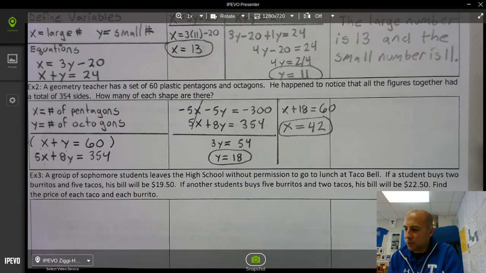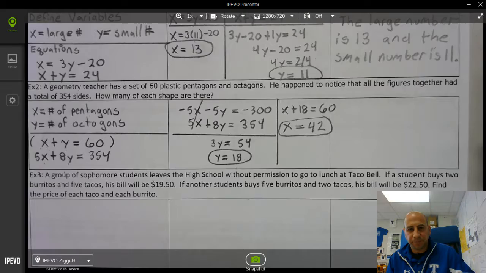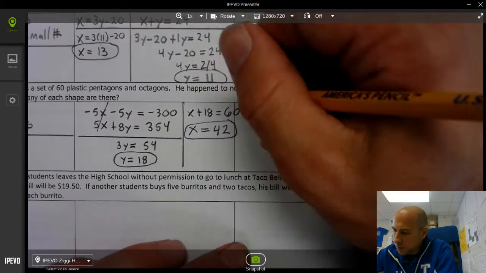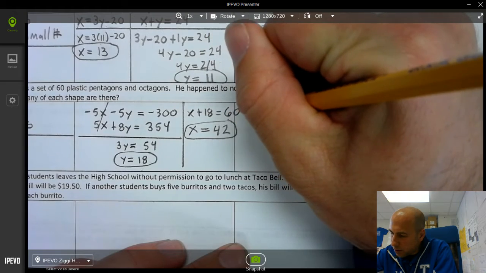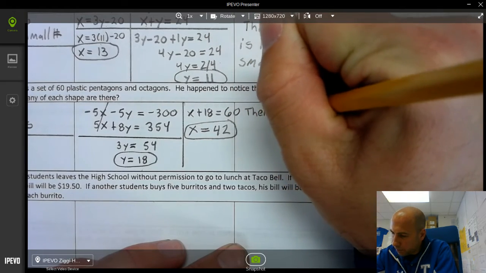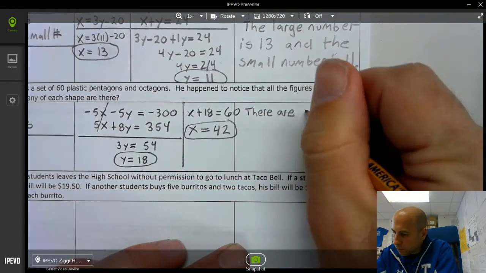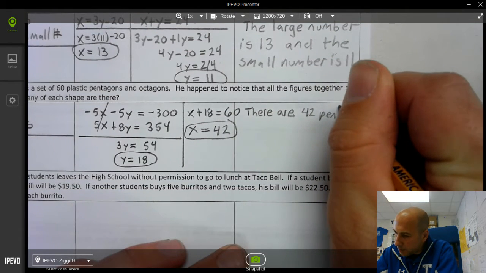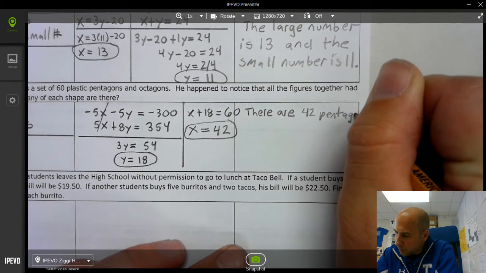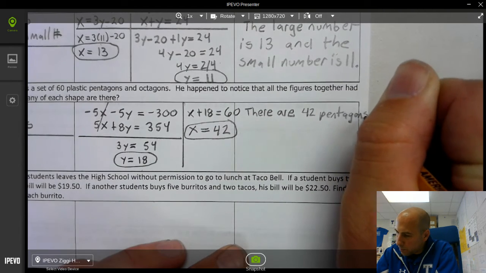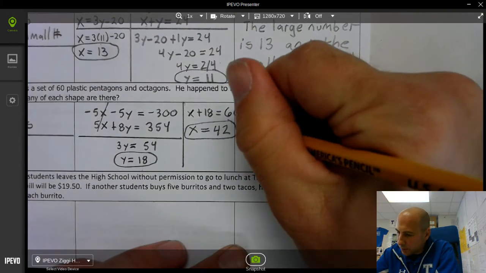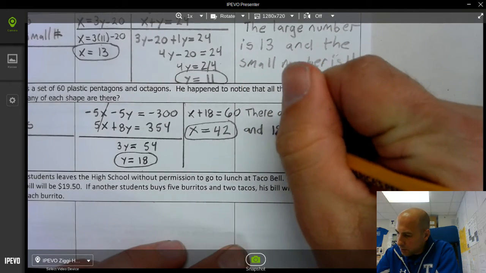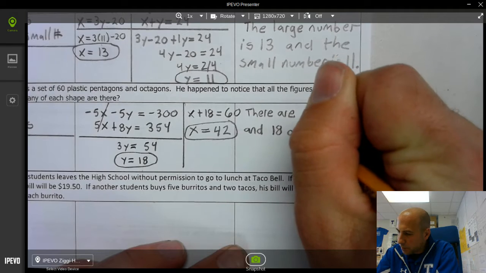All right, now at this point, you're going to write your sentence. So there are 42 pentagons and 18 octagons.